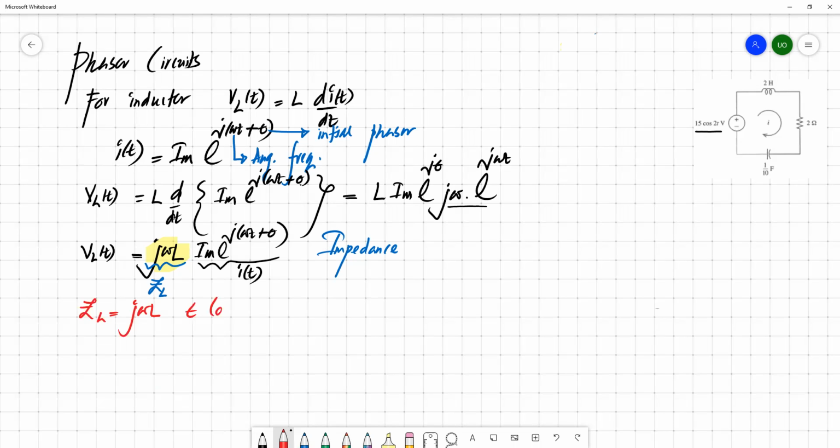It is a function of omega and L, where omega is the frequency of the source. From this expression, we can argue that the impedance of the inductor depends on the frequency of the source, omega.